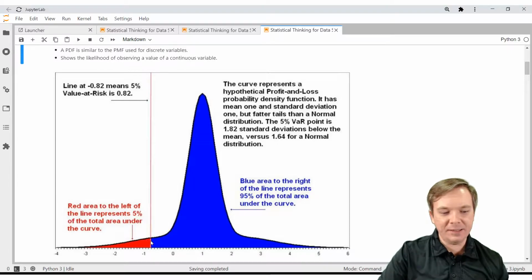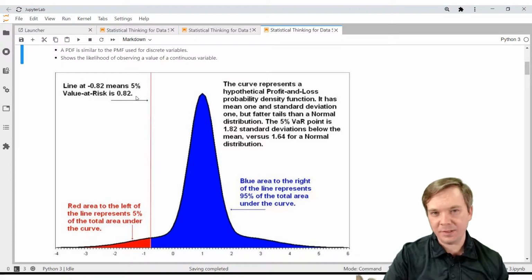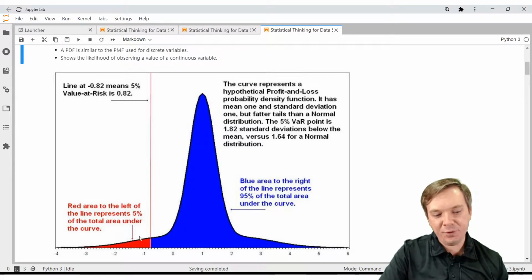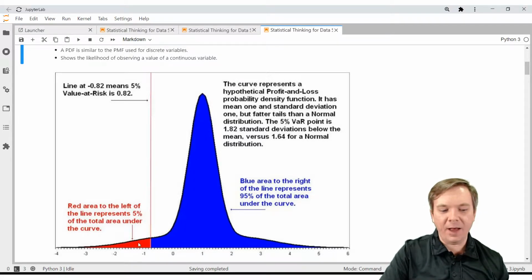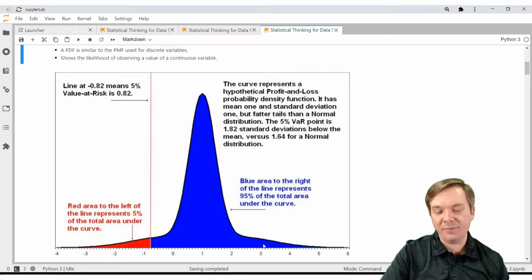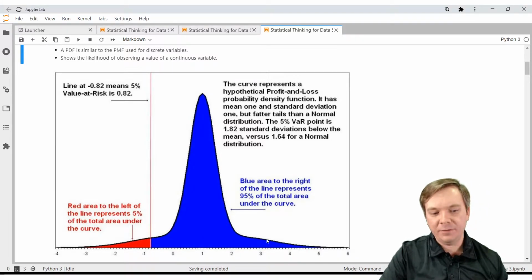The area to the left of this line here is our value at risk, okay? If you're not a finance person, you can kind of ignore some of these concepts, but basically we have a 5% probability of our actual circumstance being lower than our risk point here, okay? And that basically means you have a 95% probability of it being above, okay?